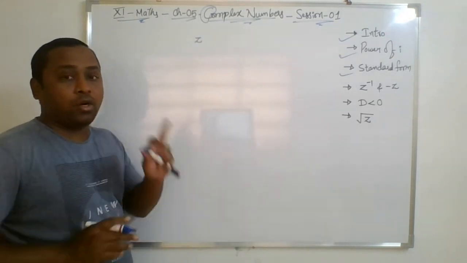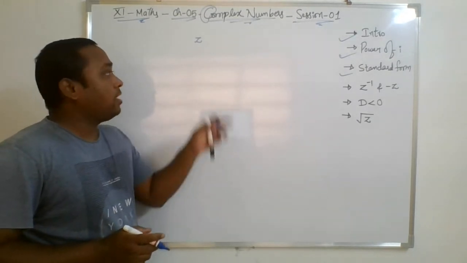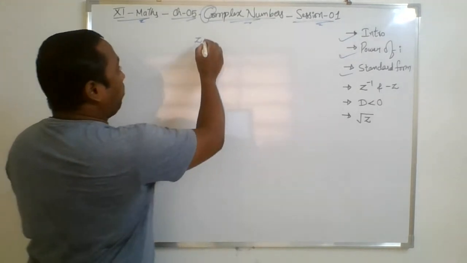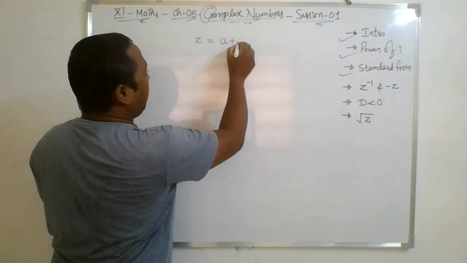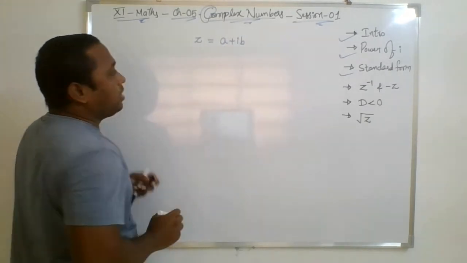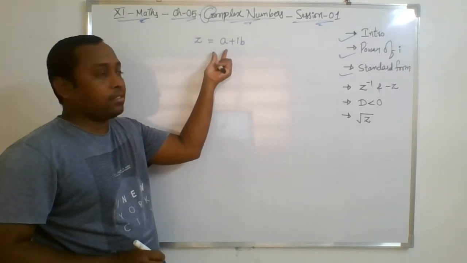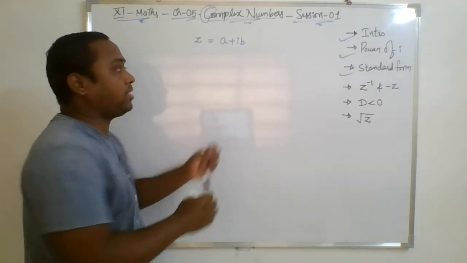A small z, not the capital Z. Capital Z represents integers, small z represents complex numbers. And a complex number means it's a combination of real and imaginary numbers, where a stands for the real part of the complex number, b stands for the imaginary part of the complex number.